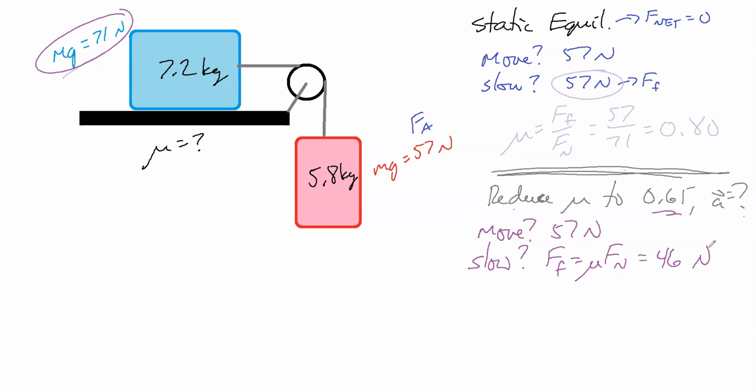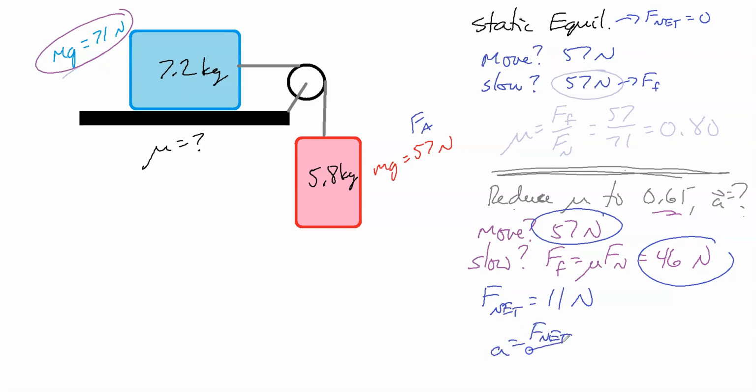So let's piece things together. I've got 57 trying to move it. I've got 46 trying to slow it down. So I'm just going to subtract the two, and my net force would just be the difference, which would be 11 newtons. 57 take away 46 is 11 newtons. Now that I have that, acceleration, of course, is just net force divided by mass.